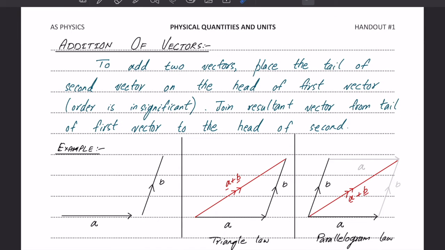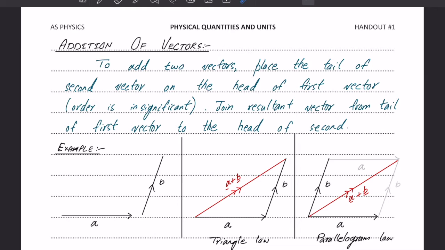And every time you have to add vectors, you have to apply the head to tail rule. So the two vectors that you have to add, and the order does not matter. It's a commutative addition. So you do A plus B or you do B plus A, you're going to get the same result.